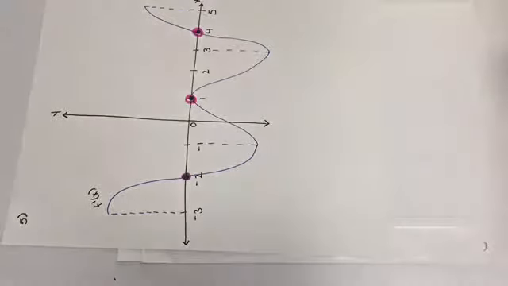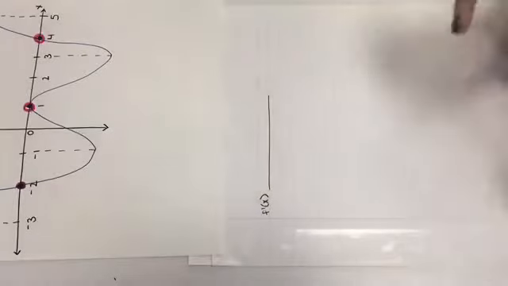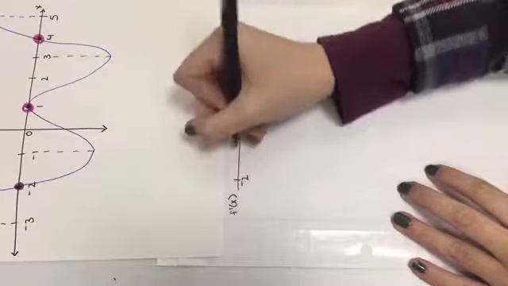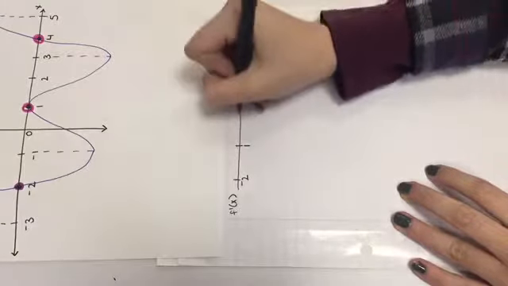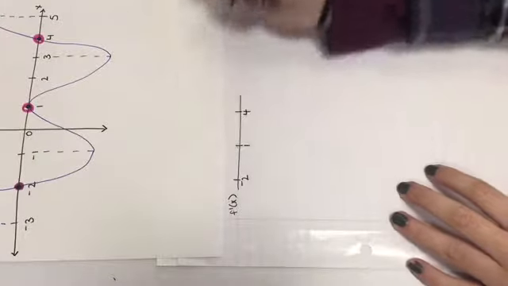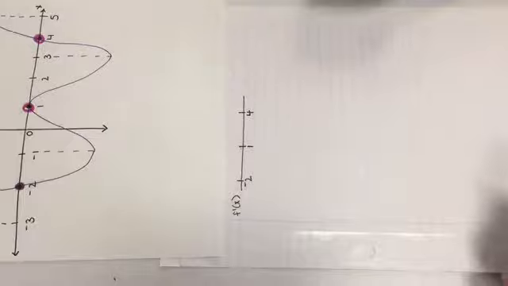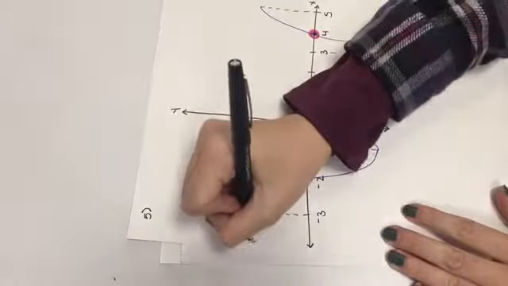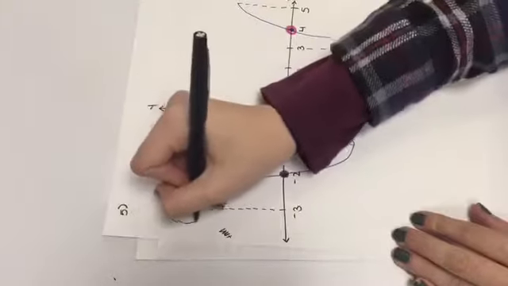We then plot those points onto the number line. And look at the top of the x-axis and the bottom of the x-axis to see whether it is positive or negative.